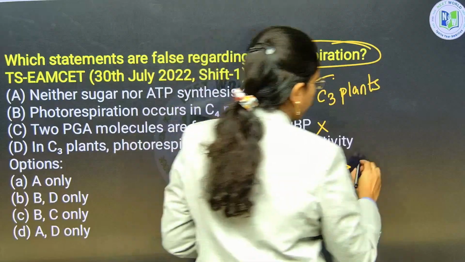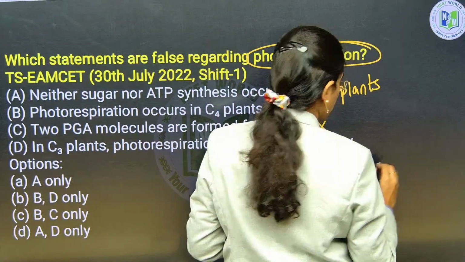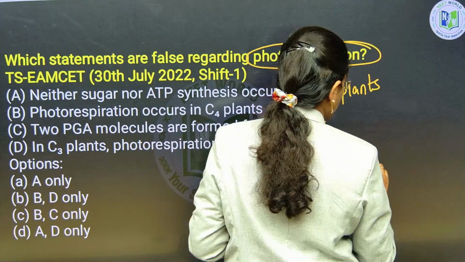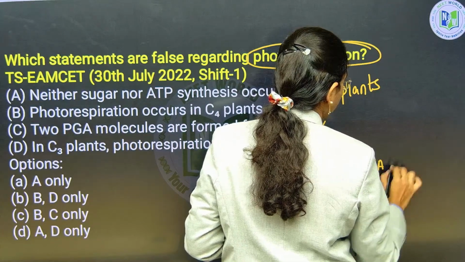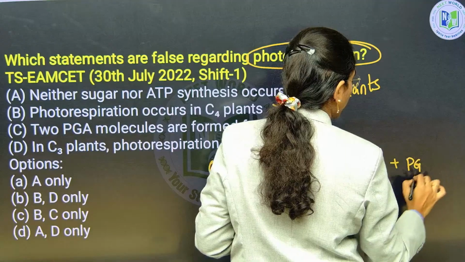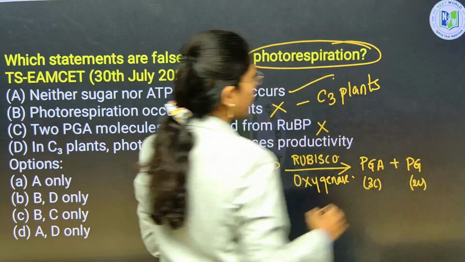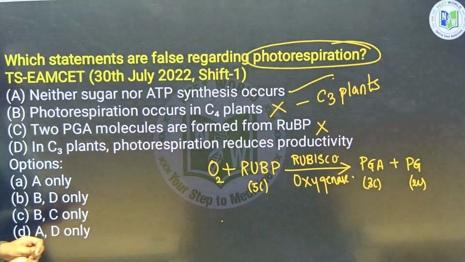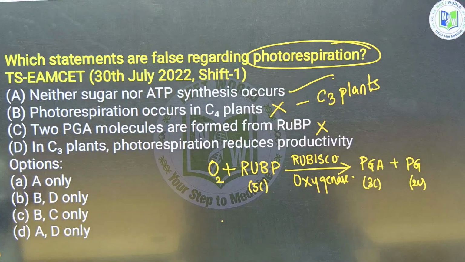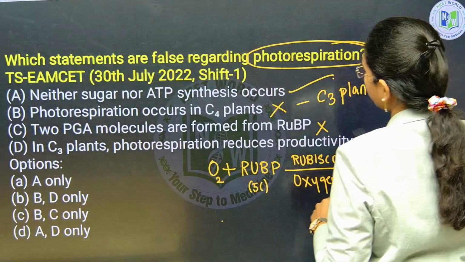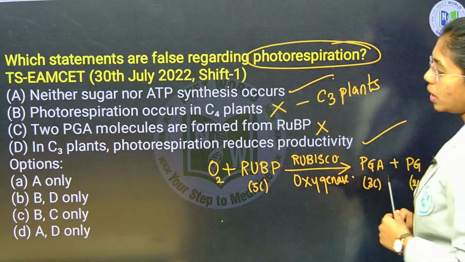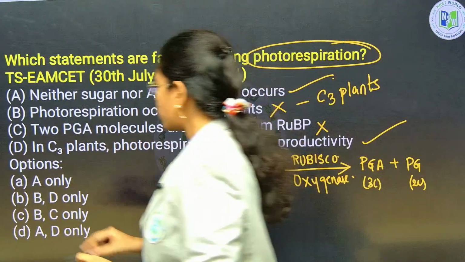Then it produces the initial products, which are phosphoglyceric acid, a 3 carbon compound, and phosphoglycolate, a 2 carbon compound. In C3 plants, photorespiration reduces the productivity. True. False statements regarding photorespiration will be B and C, which is option C.